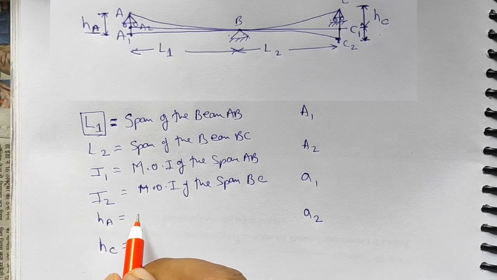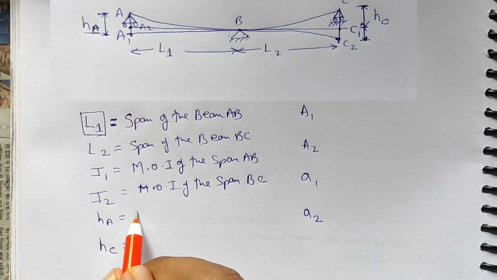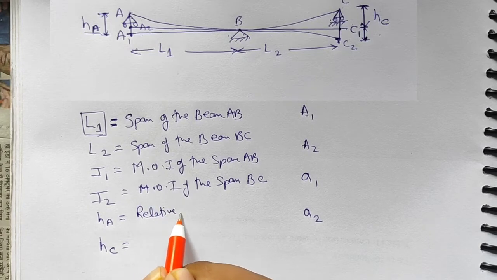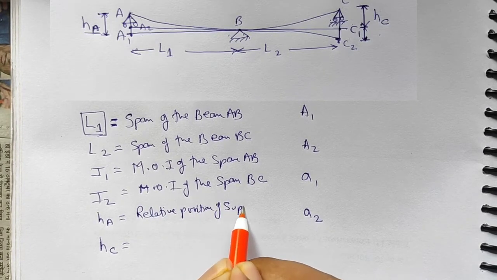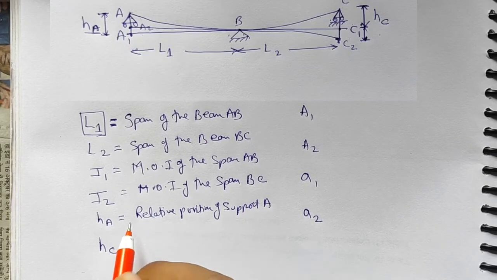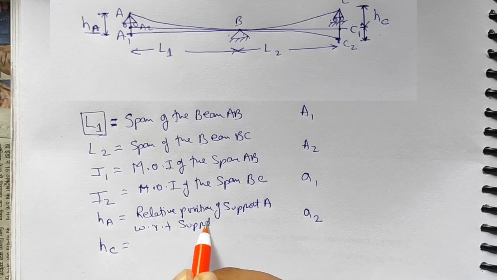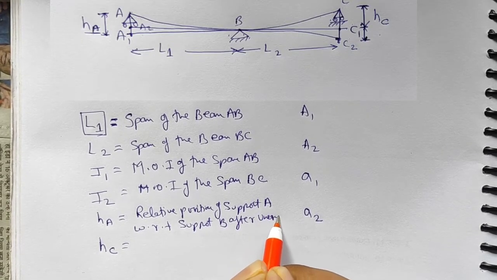HA and HC, as we have discussed, are the unequal settlements, that is, the relative position of support A with respect to support B after unequal settlement.